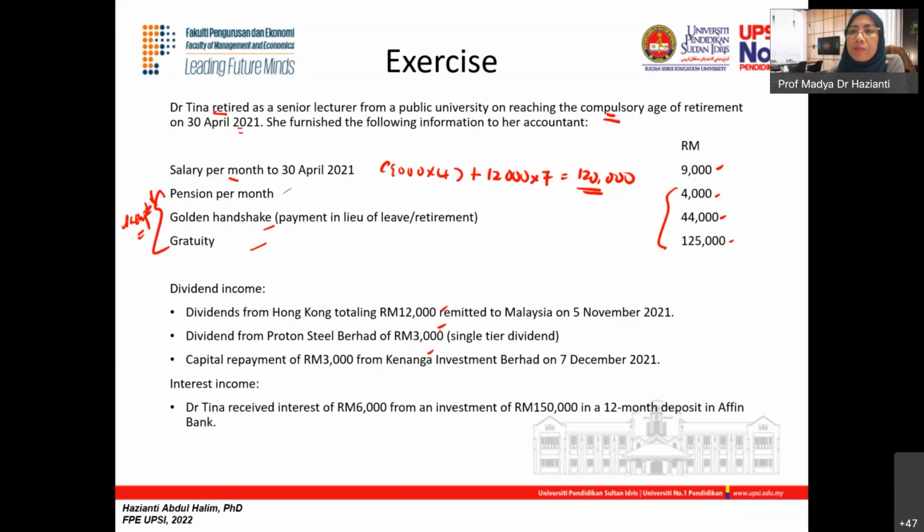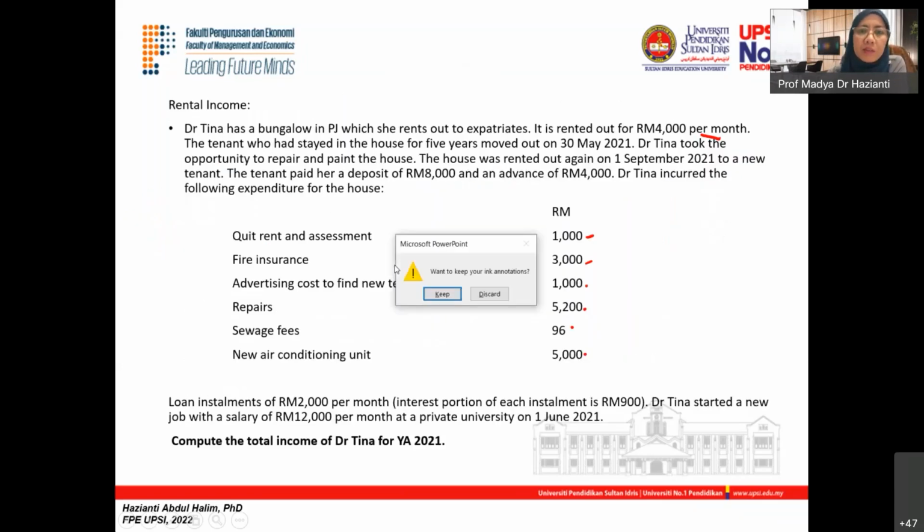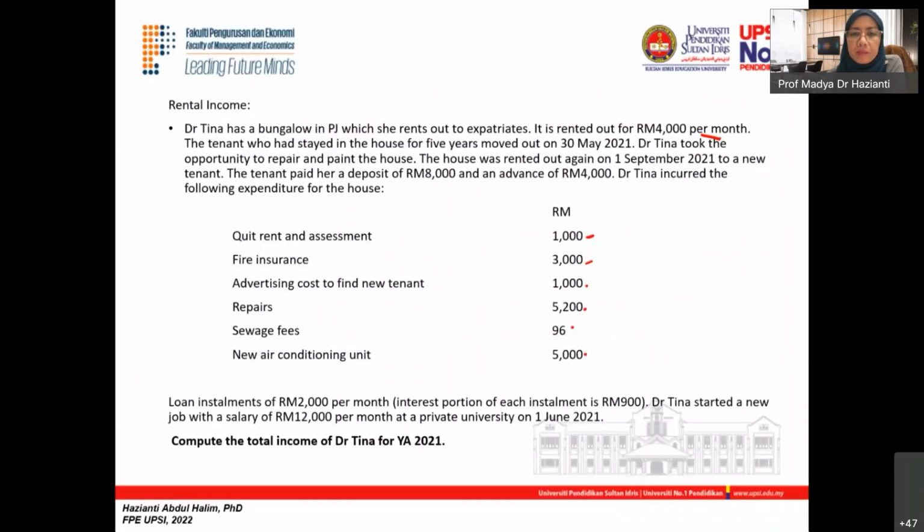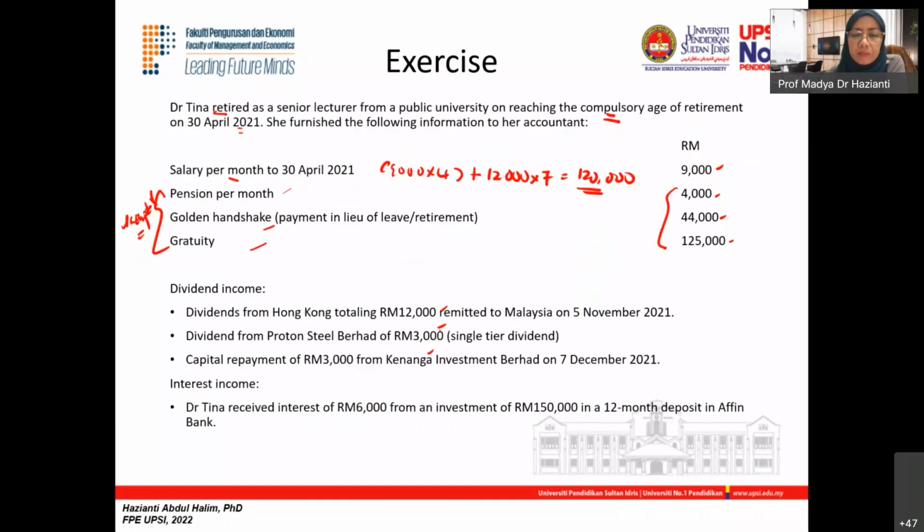Interest pun exempted. Alright, so for dividend, for interest, ini semua exempted. Interest pun exempted.